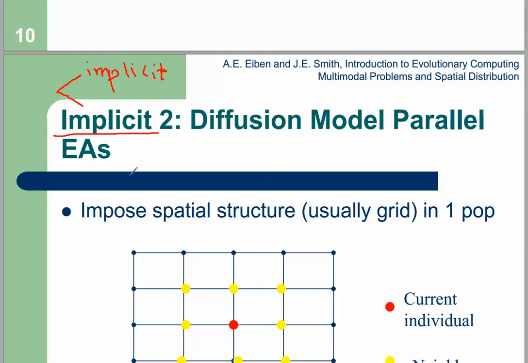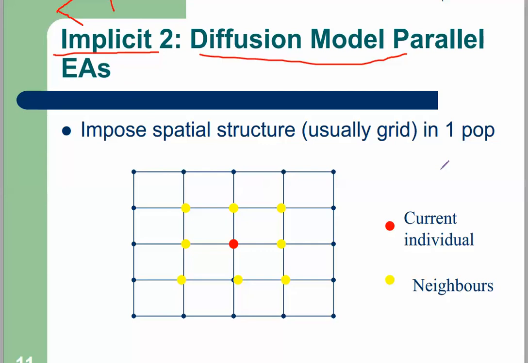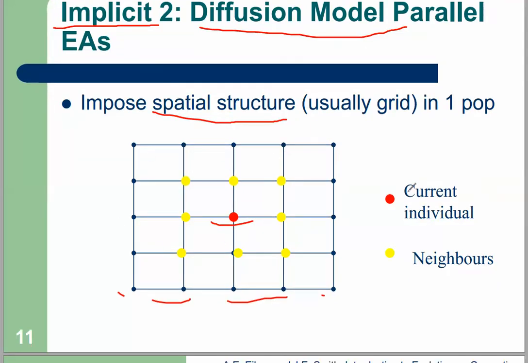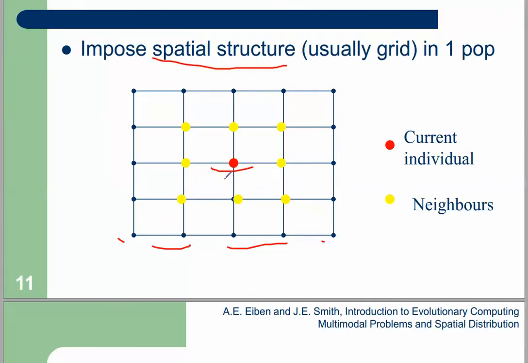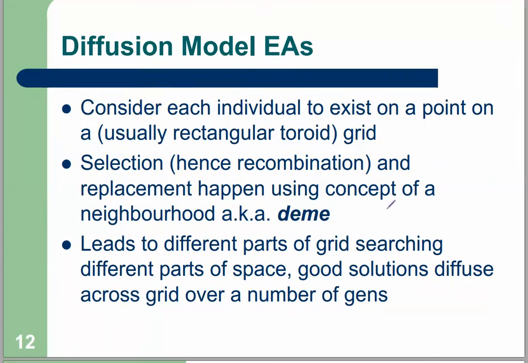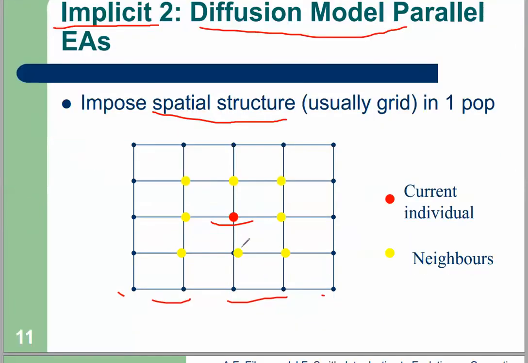Another implicit method is the diffusion model. The diffusion model is based on a location or topology, and in this method each element has a spatial structure or location, such as a grid or a mesh. In the diffusion model, it is not possible, for example, to cross over one element with another element that is far from it.